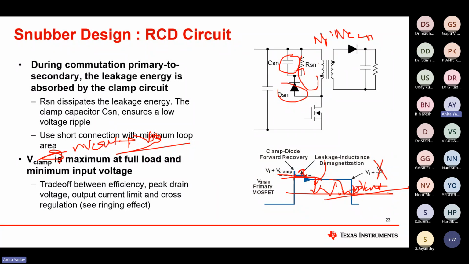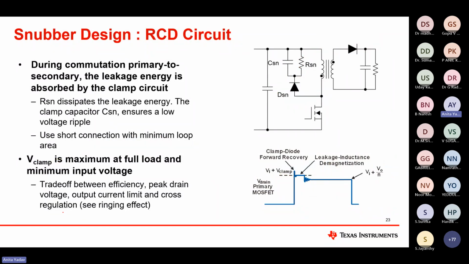Then, coming to how we calculate the energy stored in the leakage inductance. Again, that will be equal to half L I square into switching frequency. This switching frequency will be the same as what we calculated initially in the earlier slide. And L here is the leakage inductance. If we know our magnetizing inductance, the leakage inductance is basically max 3% of the LM.